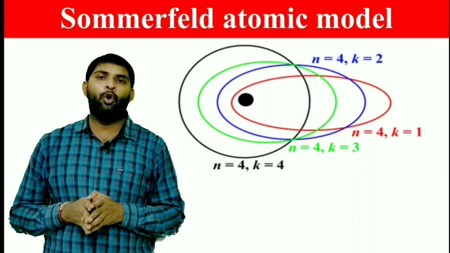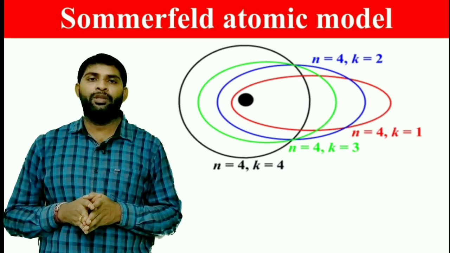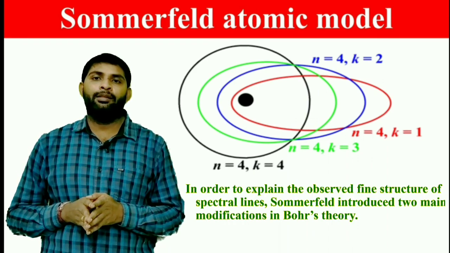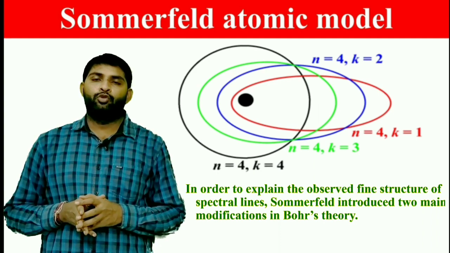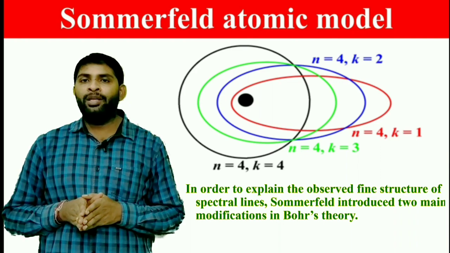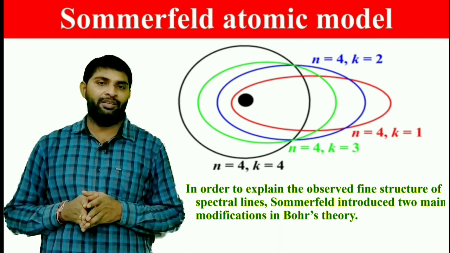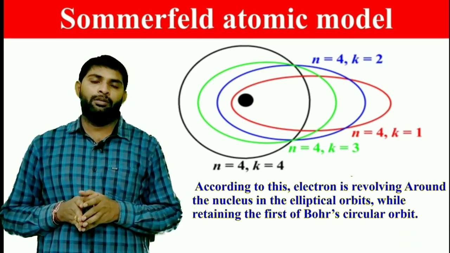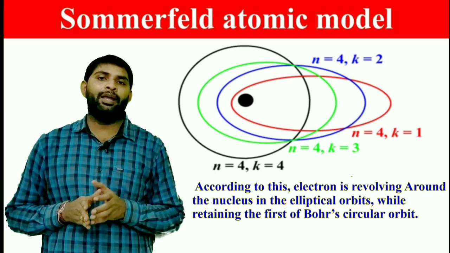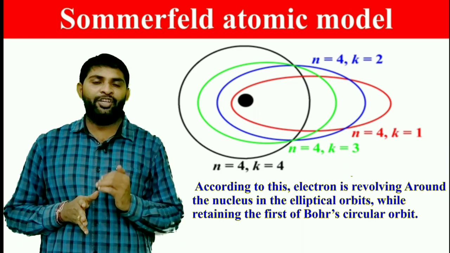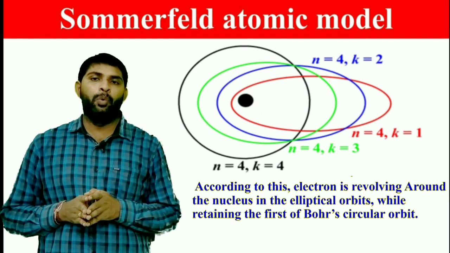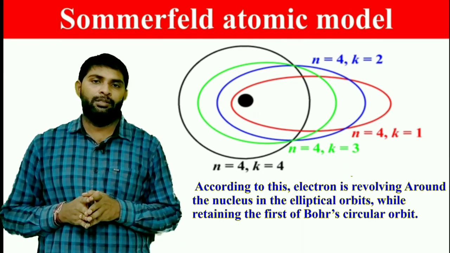Next one, Sommerfeld atomic model. In order to explain the observed fine structure of spectral lines, Sommerfeld introduced two main modifications in Bohr's theory. According to this, the electron revolves around the nucleus in elliptical orbits while retaining Bohr's first circular orbit.